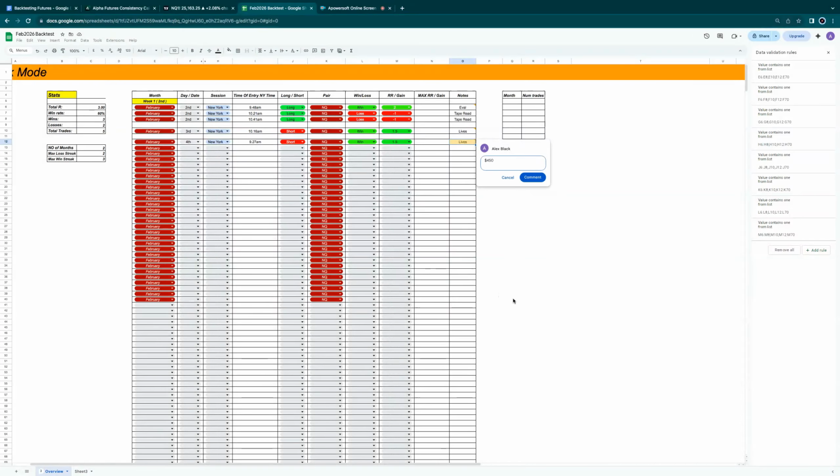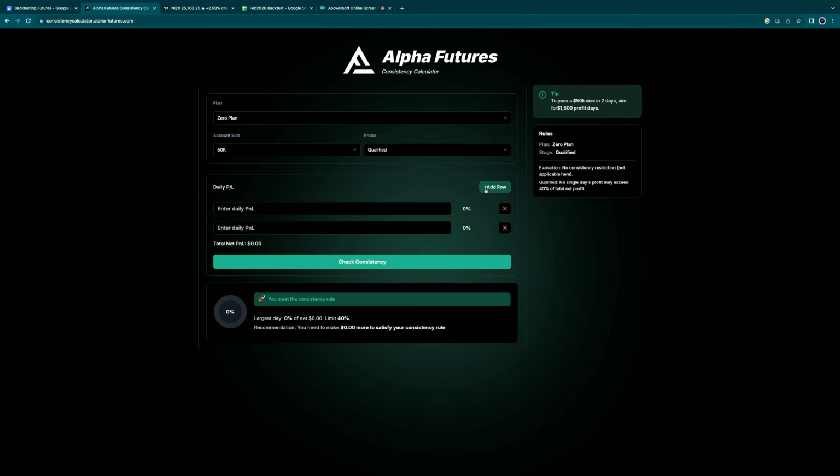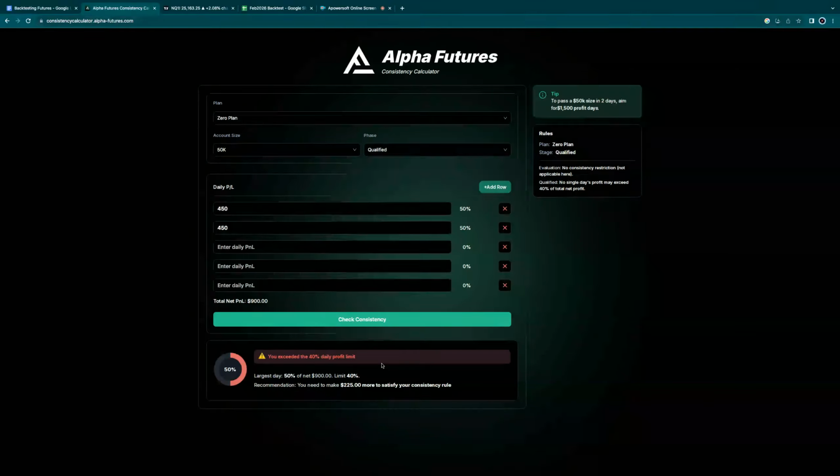Okay, so we're now 2 wins. If we jump onto here, we could just keep a running total because it will be a lot easier. This is what it would look like on your live accounts. This is what it does look like on a live account. Let's just get a few of them up. At the moment, our largest day would be 50% of our total profit.